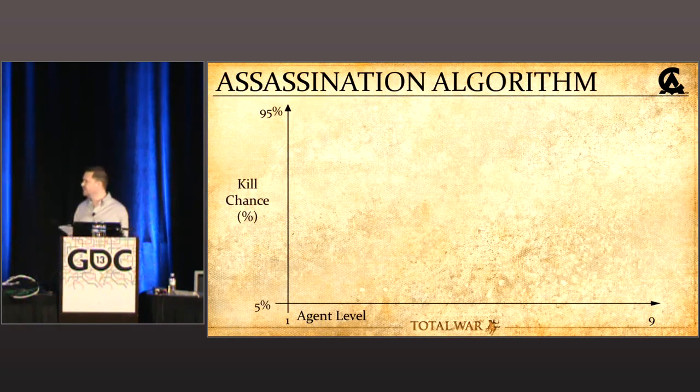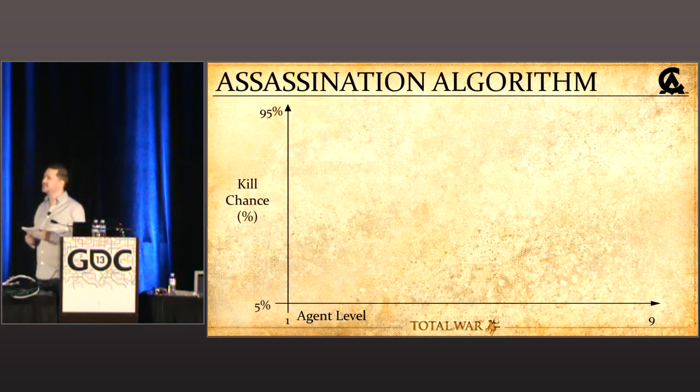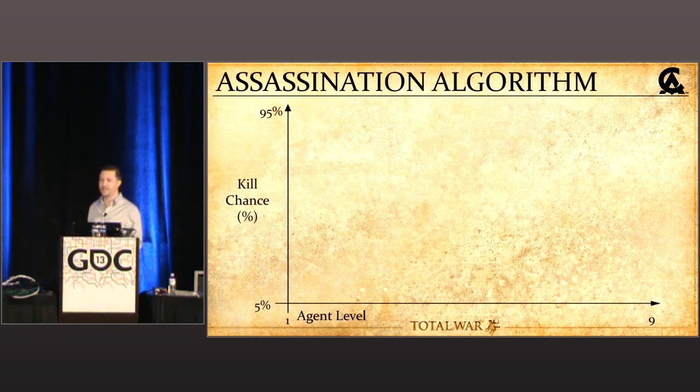So we can take a look at another little example. We can plot how we want the success chance for an assassin. So this is a plot of the assassin's level versus the likelihood that they'll make a particular kill. Now, let's assume that the target remains the same.